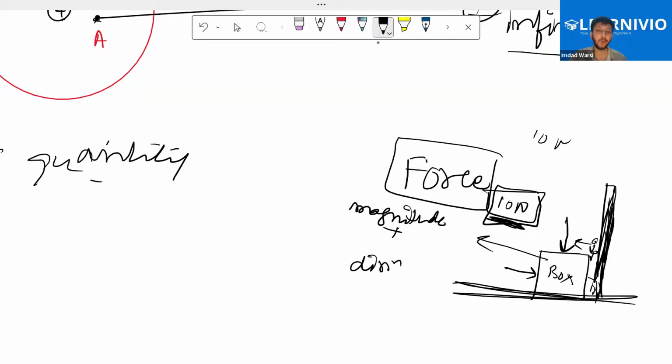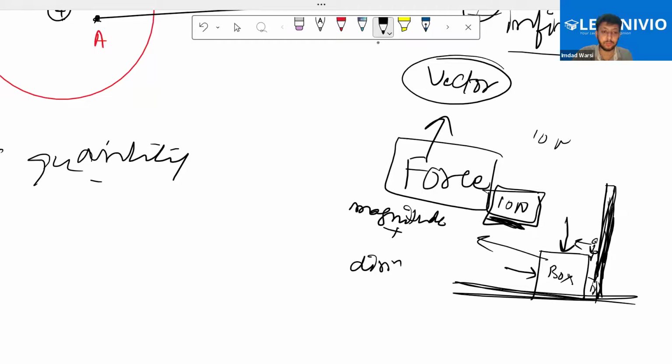Which means force is what kind of quantity? Vector quantity. In vector quantity, both magnitude and direction are required. Repeat, what is vector quantity? When both magnitude and direction are required, it is called vector.